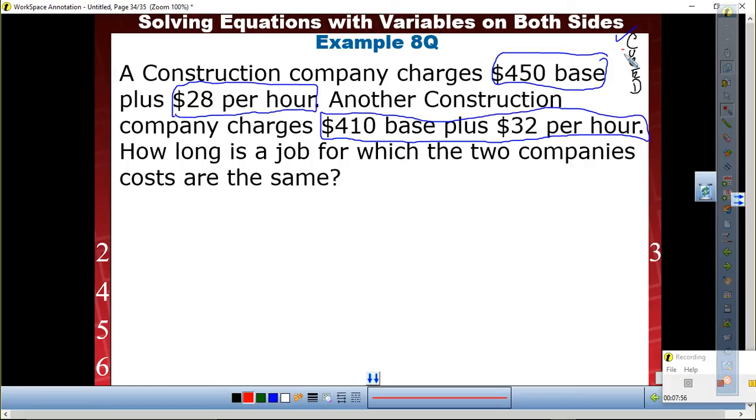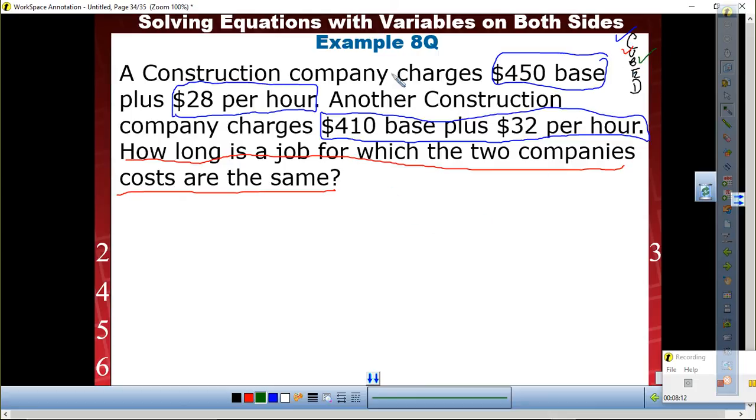Next, underline your question, because some of you do all the computation, and at the end, sometimes you don't answer the question. What is the question on this one? How long is this job for which the two companies' costs are the same? Okay, so that's my question. With green, I'm going to box keywords here.